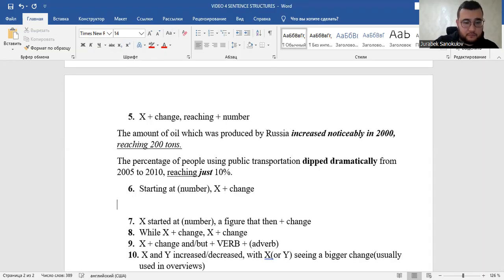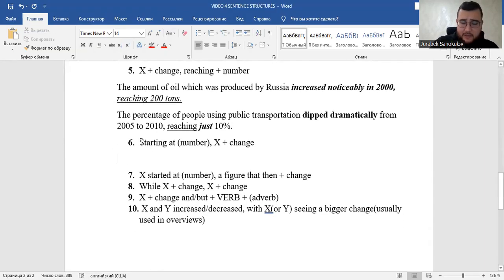Now, the next sentence structure is also very interesting. You can use it to start your paragraphs. I sometimes use it. So look at this. Starting at, you will include the number. Let's just say $200,000. Now you need to include the context.